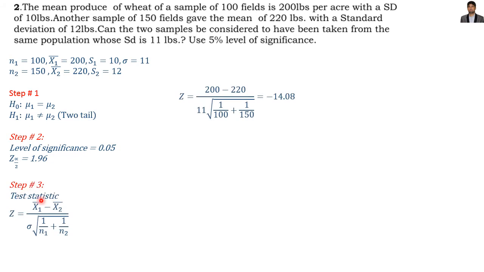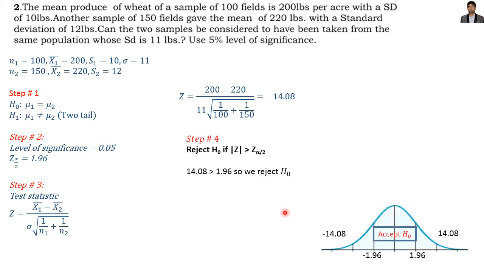Step number 3, test statistic. Put all the values here. We'll get minus 14.08. So graphically, it's a two-tail test. 1.96 is here, minus 1.96 on the left side. If the value of test statistic falls in this region, it means H0 is true.